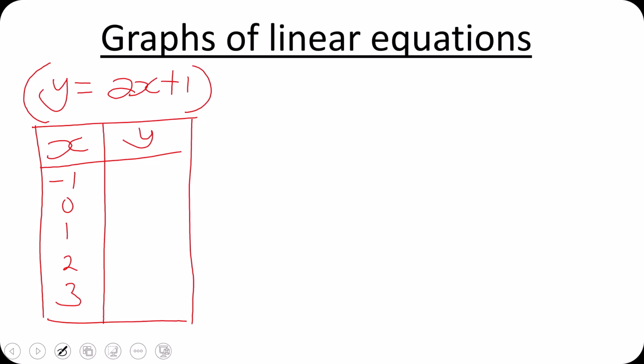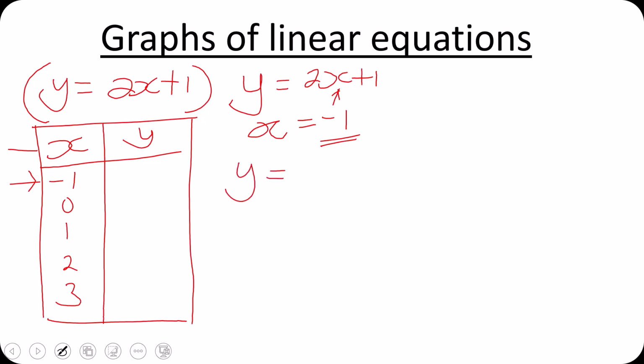If we use our equation, y is equal to 2x plus 1, in this first case, our x is equal to -1. So we're going to come here and put this -1. Later, our y is going to equal 2 times -1, then plus 1.